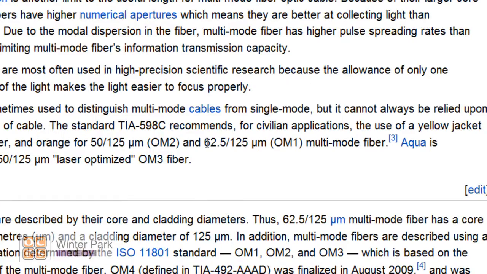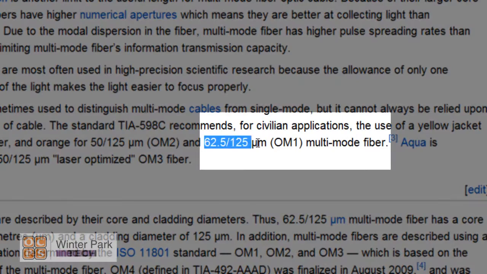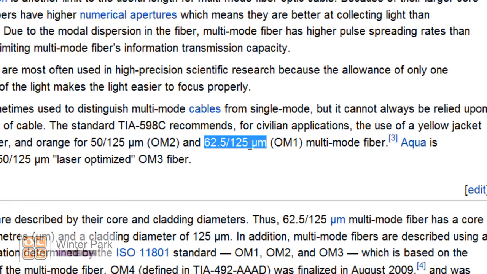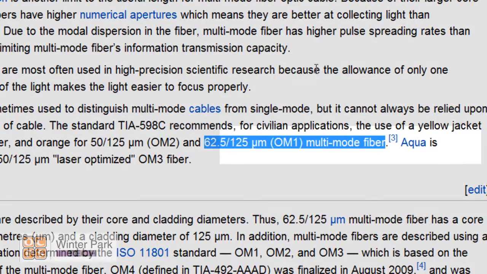The actual fiber optics diameter for most multimode is 62.5 microns, and the cladding is 125 microns. So this is pretty much the standard for most multimode fiber. So that is the diameter sizes for both the fiber optics and the cladding.